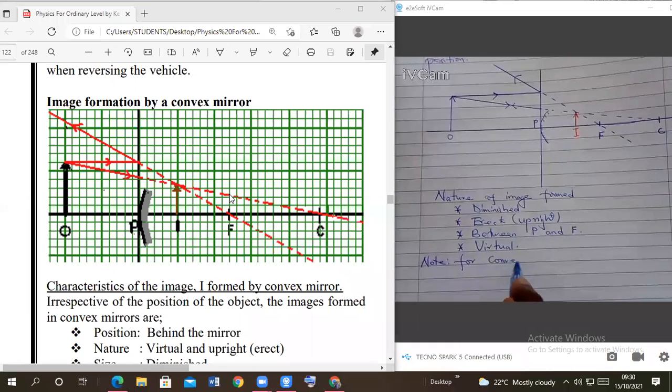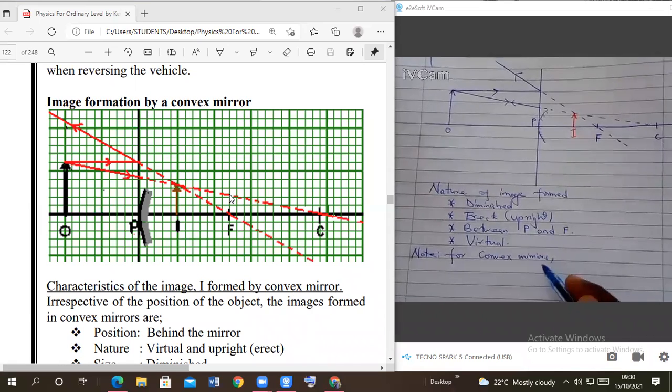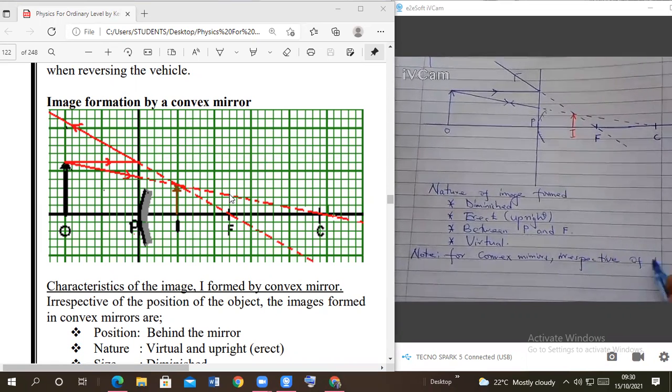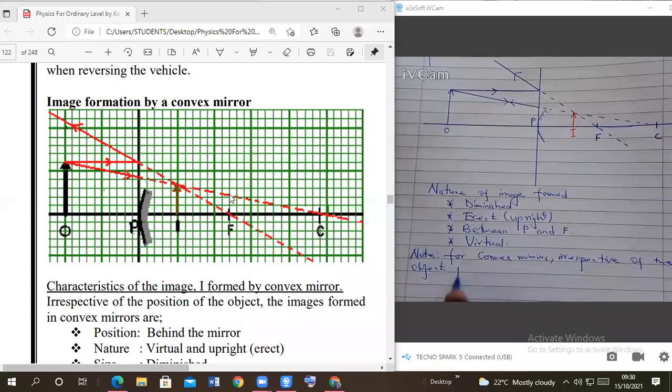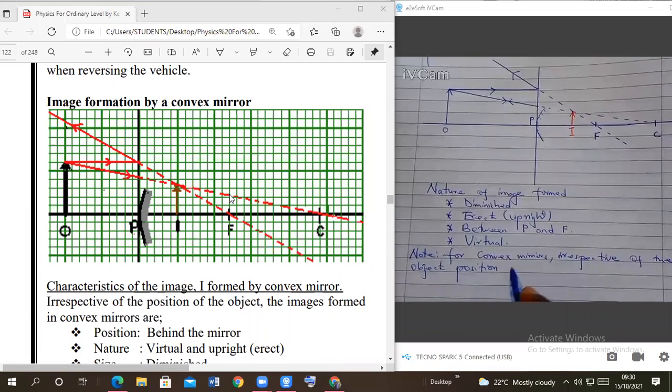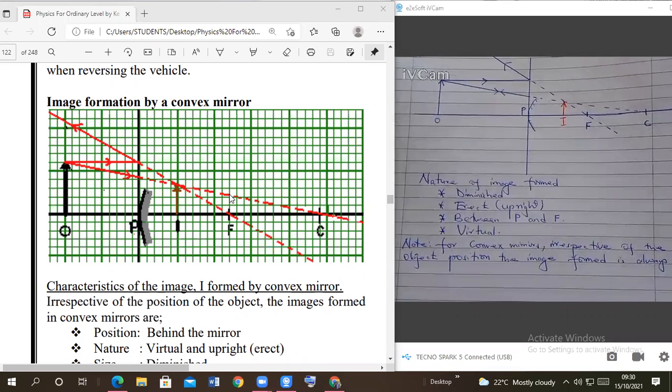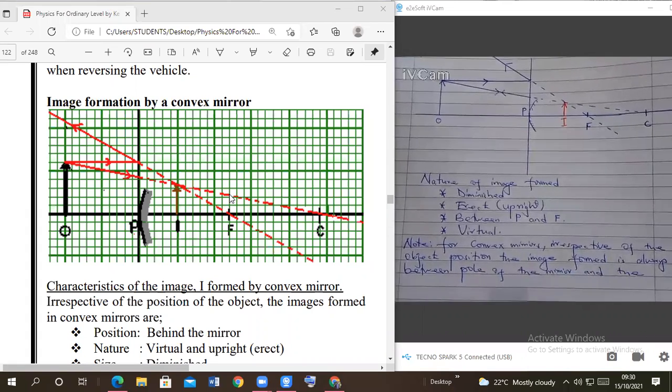For convex mirrors, comma, irrespective of the object position, the image formed is always between the pole of the mirror and the focal point, or the principal focus.